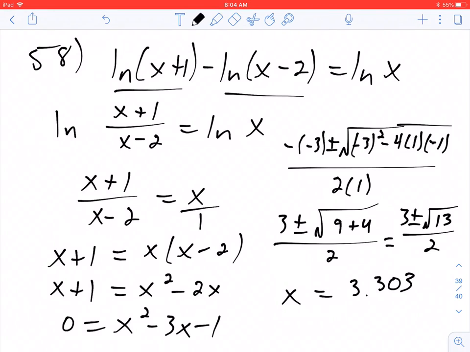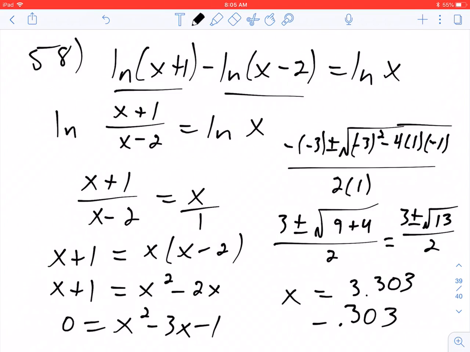And then when you type in 3 minus the square root of 13 over 2, you get negative 0.303.